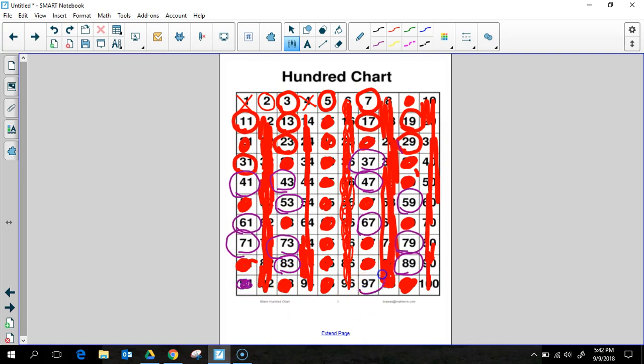And then 97. I believe there are 25 on this chart that are prime numbers.